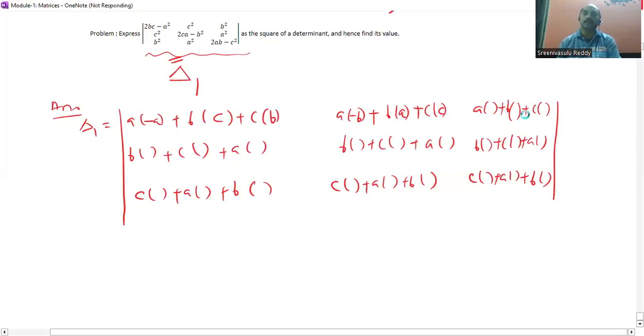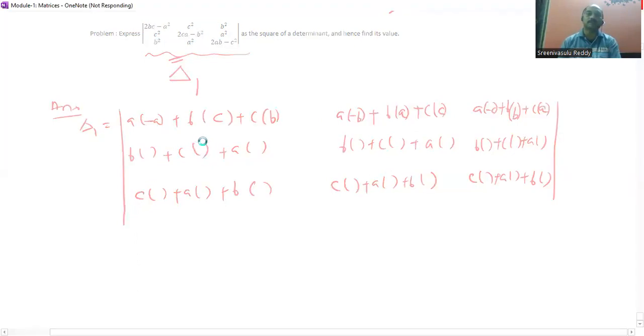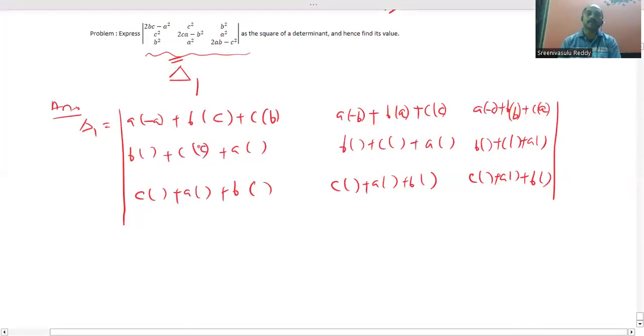Next, the last one. Here we have B square. At the place of B, we put B in the braces. Here we put minus C. Here put plus A. So now we get the first row of the given del 1. If you simplify this, we get the first row. Similarly, at the place of C, we put C. C into C, C square.